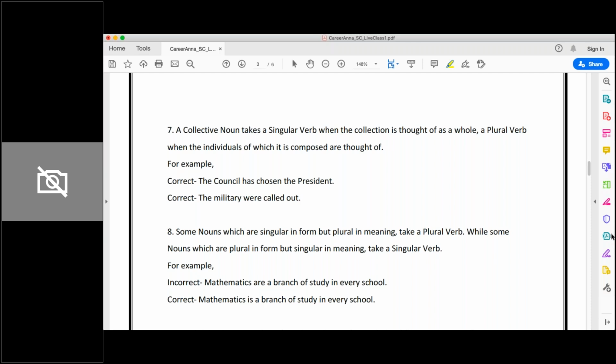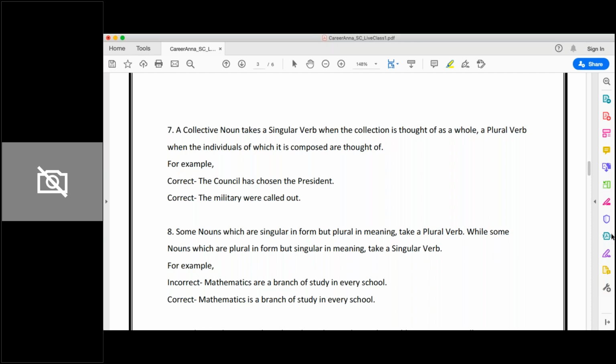Everyone at the stadium was watching the match, not were. The moment I use the word everyone, I am referring to them as a singular noun. Correct? Everyone at the stadium was or were watching the match.